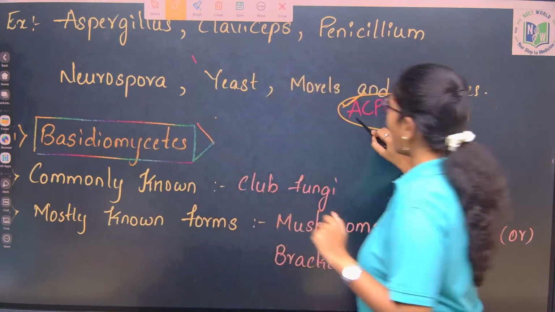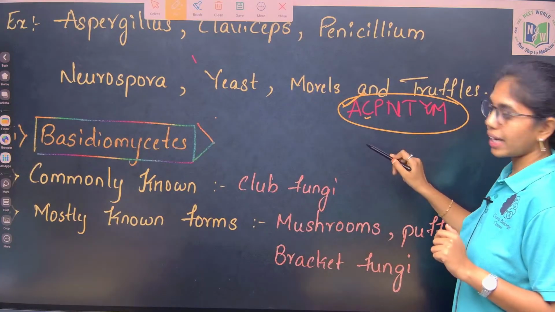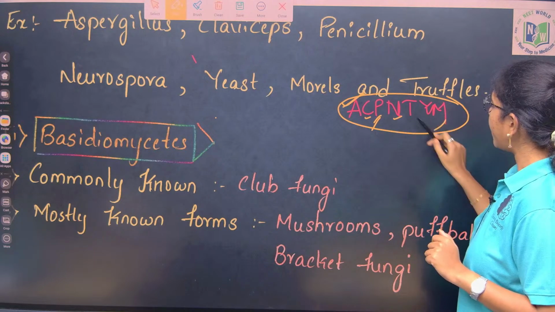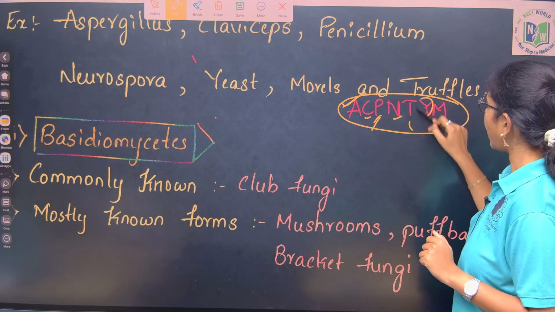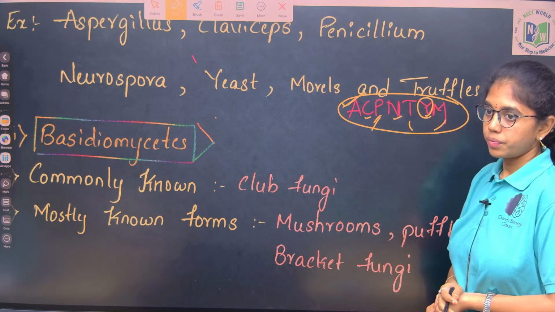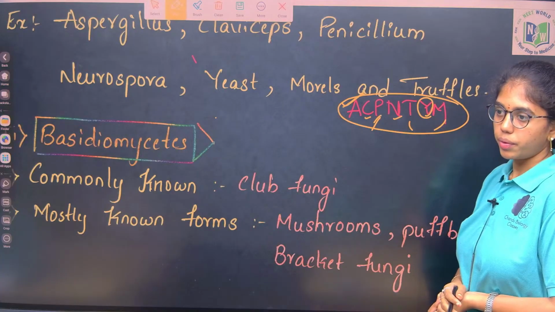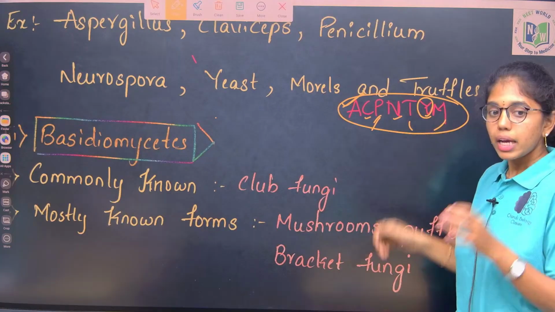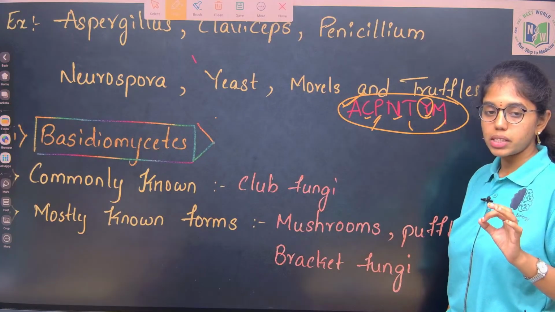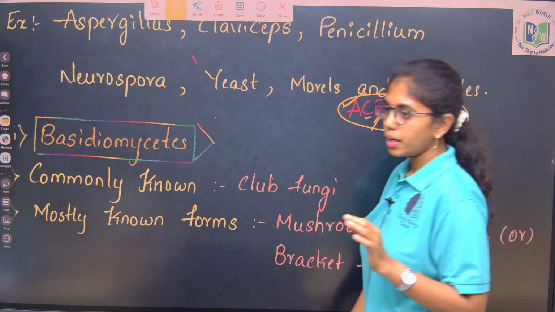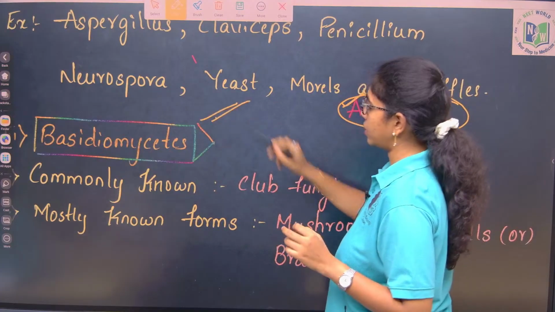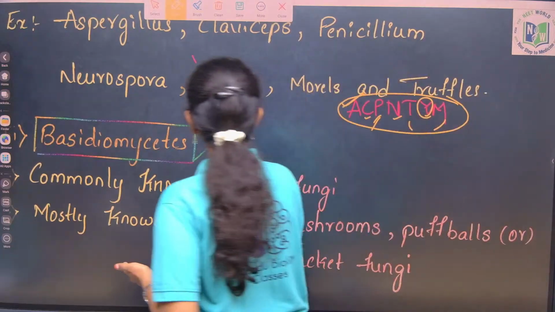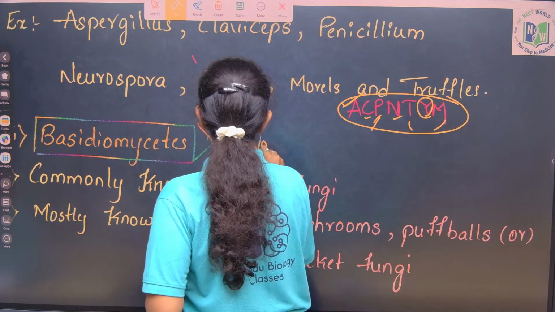A is for Aspergillus, C is Claviceps, P is Penicillium, N is Neurospora, M and T are morels and truffles, and Y is for yeast, Saccharomyces cerevisiae. Clear with the class Ascomycetes? Any doubt anywhere? Next is Basidiomycetes. The Basidiomycetes class is called the advanced group of fungi.